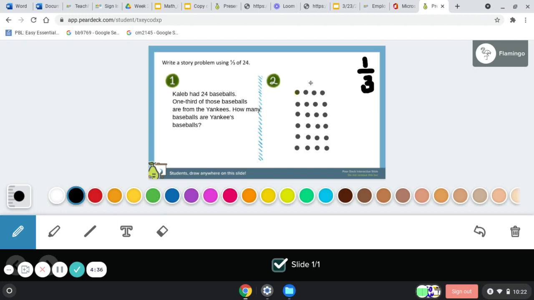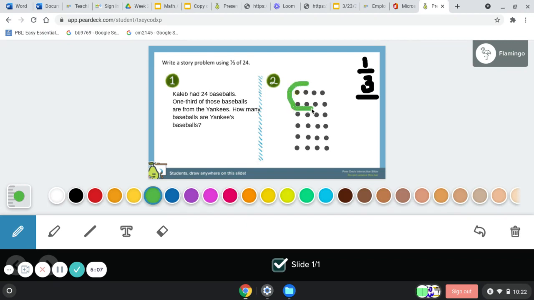So I am going to break up the 24 baseballs into 3 even parts. I have 24, and I'm going to think, what is 24 divided by 3? 24 divided by 3 is 8. So I need to make sure that each of my groups have 8 baseballs in each.